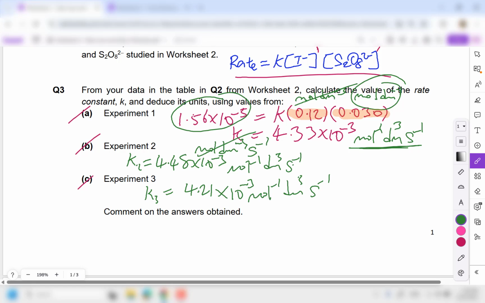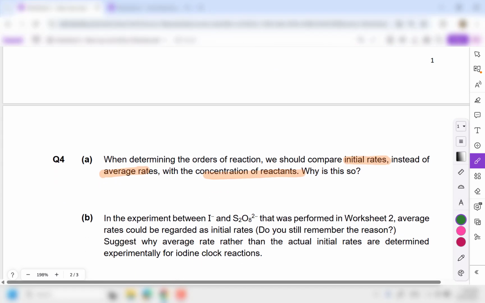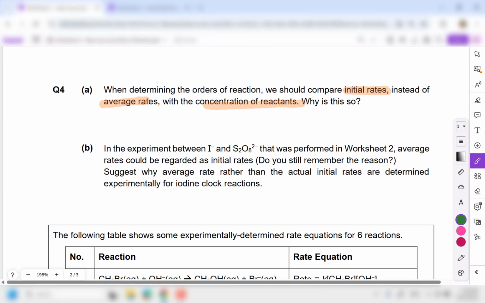So because they are initial concentrations, it makes sense to use initial rates when we are doing the comparison, but not the average rate. This is because as the reaction proceeds, the reactants get depleted. Unless you are able to tell the concentration of the reactant at that point in time, but even so, you should not be using average rate. You should be using instantaneous rates.